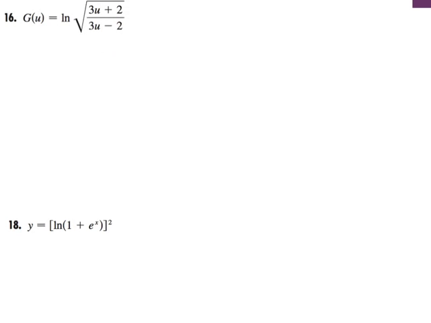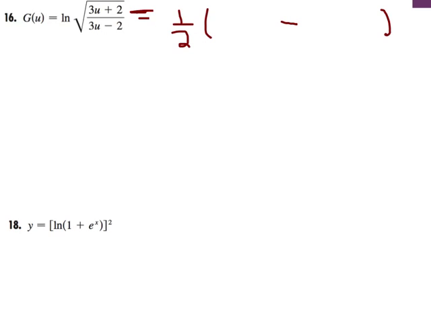So instead, you're going to want to rewrite the function first, where you use your natural log of a to the b equals b natural log of a, and for that matter, your natural log of a quotient, so you're going to split that up into the difference of two natural logs.